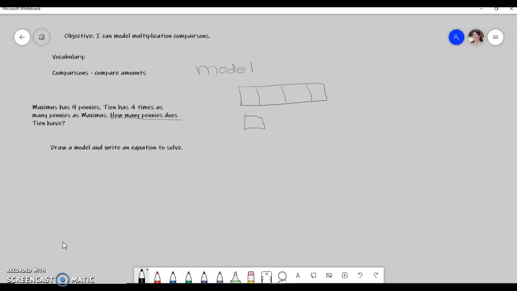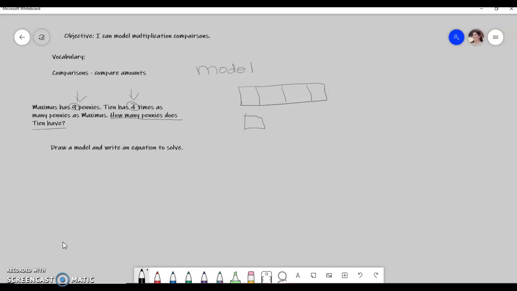That's very, very important. And then I need to read this actually 3 times. Maximus has 9 pennies. Tien has 4 times as many pennies as Maximus. So our numbers that we're working with are 9 and 4. And we're looking for how many pennies Tien has.